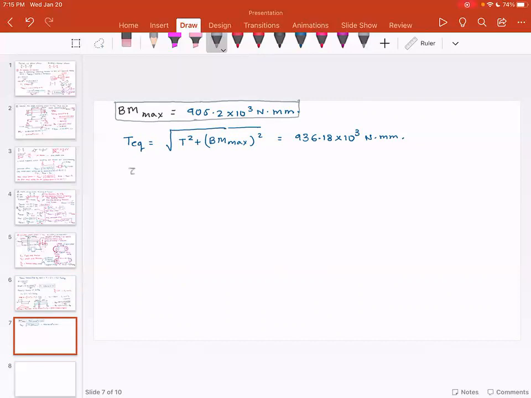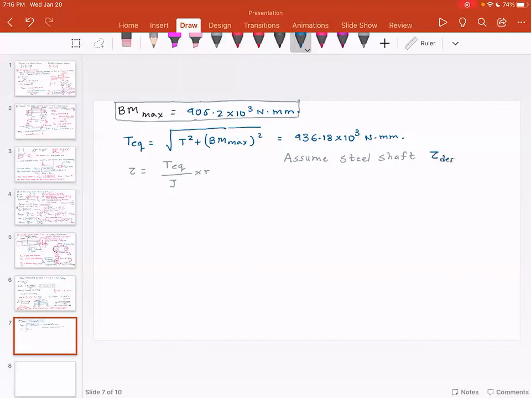And tau is equal to T equivalent divided by J multiplied by R. Here I'm going to assume a steel shaft, and you will have to look at the design data book to find the value of tau design for steel shaft.